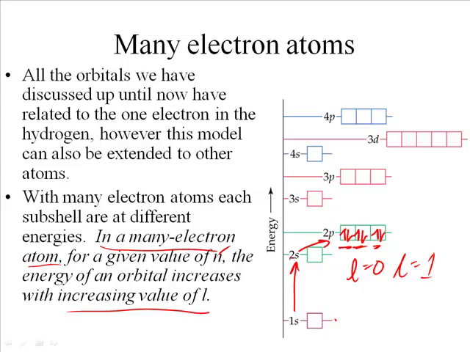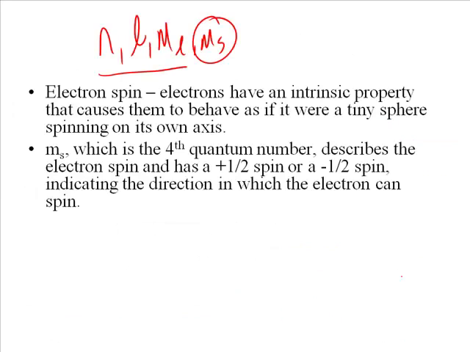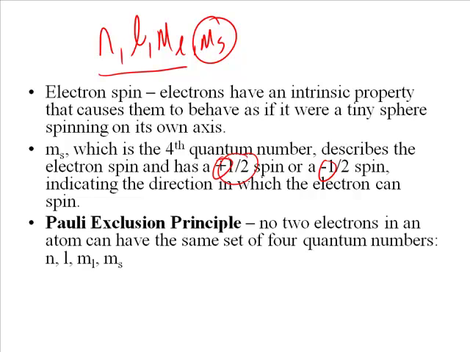Positive, negative, positive, negative. So one electron we write as spinning in a positive direction. We write it as positive 1/2, and the other one we write as negative 1/2. Okay, so ms, which is the fourth quantum number, describes the electron spin and has a positive spin or a negative spin. The actual value of 1/2 is not that important.